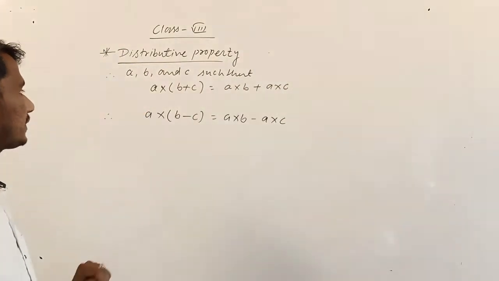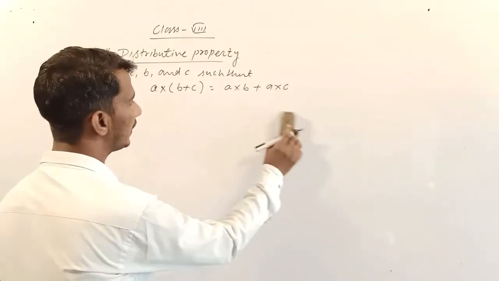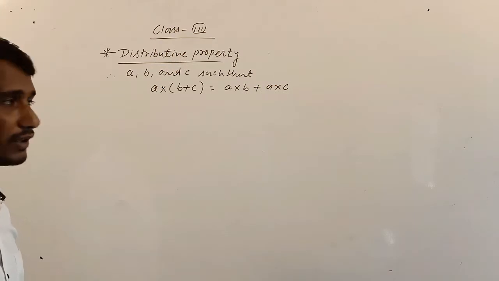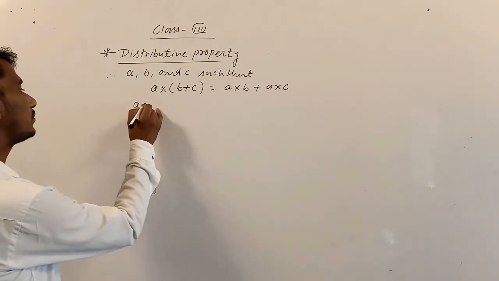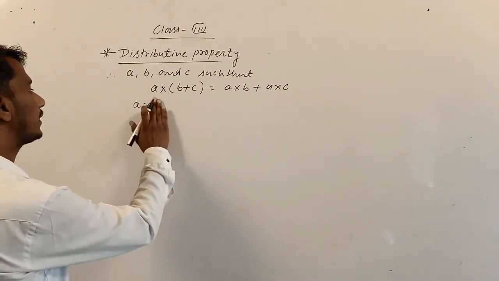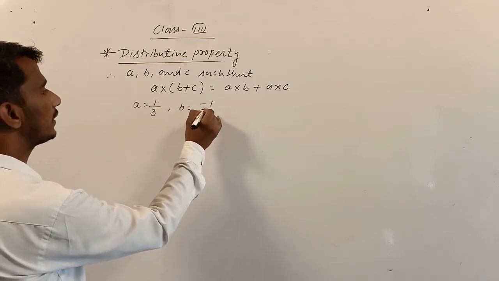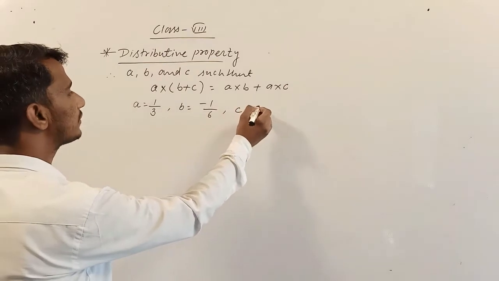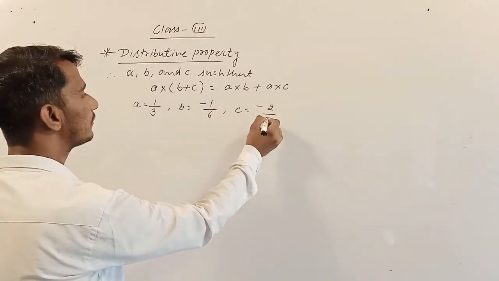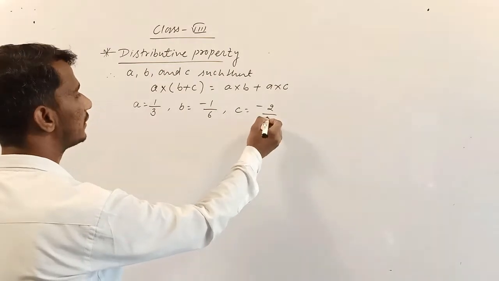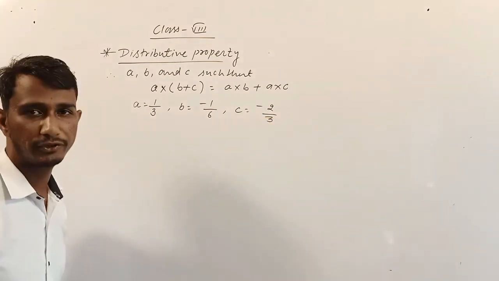First I am telling you for addition, taking three rational numbers. Suppose A is equal to 1 upon 3, B is equal to minus 1 upon 6, C is equal to minus 2 upon 3.